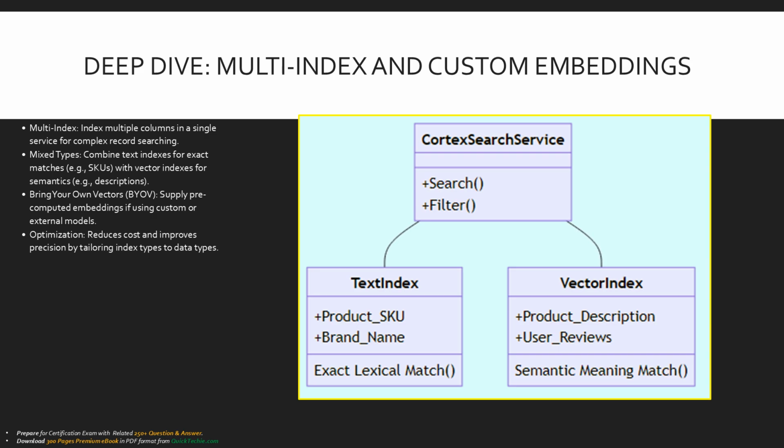Meanwhile, the vector index handles verbose fields like product description and user reviews, utilizing deep learning to match on semantic meaning. When an application queries the main service, it transparently orchestrates across both index types, returning a highly optimized, composite result set that perfectly balances precision and contextual understanding.